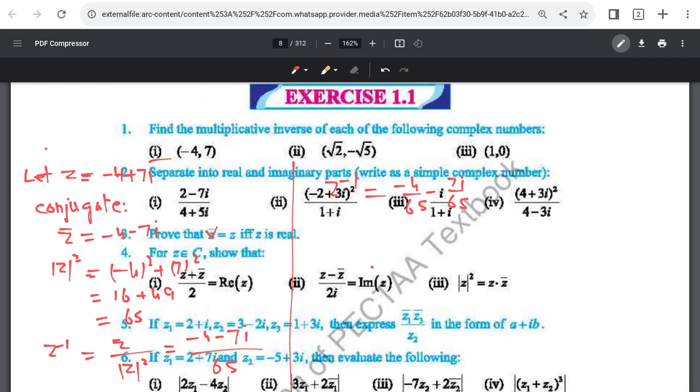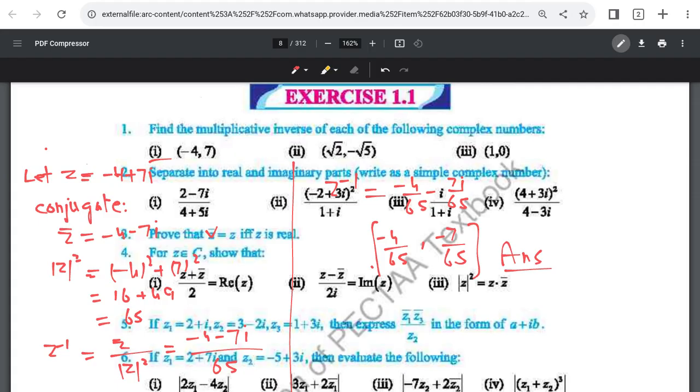So our final answer will become minus 4 over 65 and minus 7 over 65. So this is the answer of part 1 of question 1. Okay, so I hope you understand it.